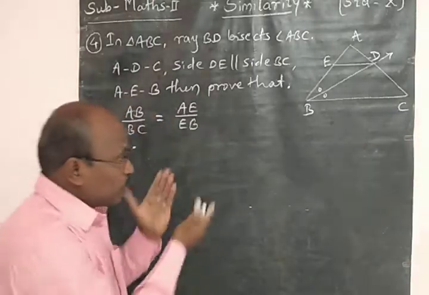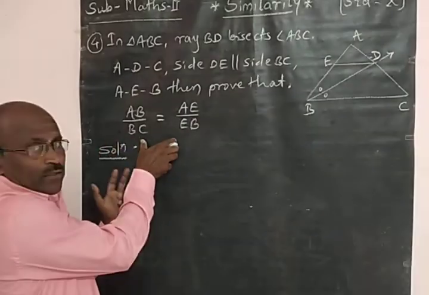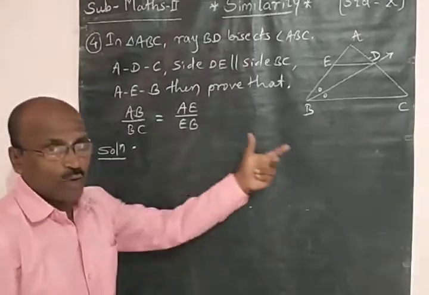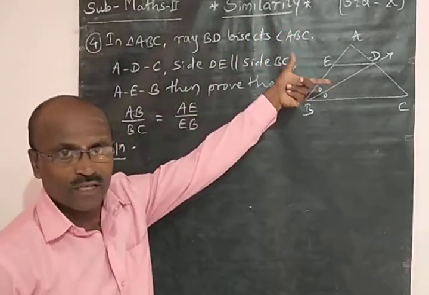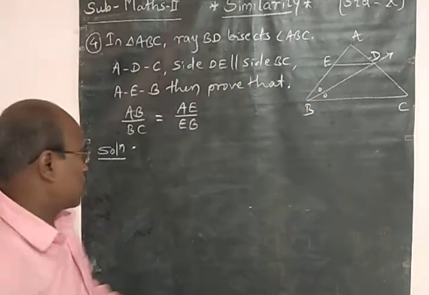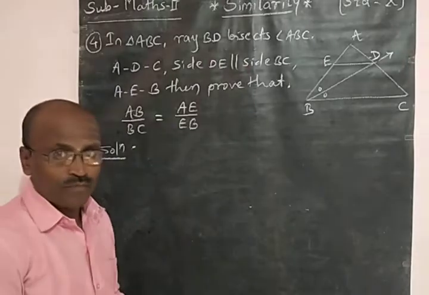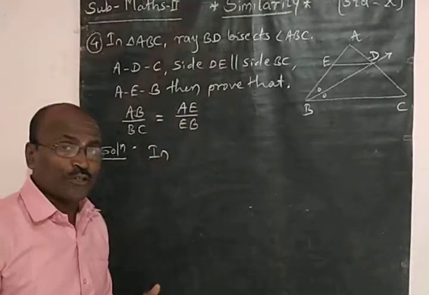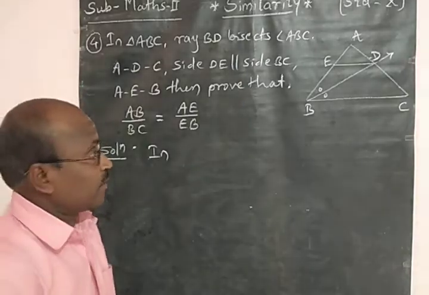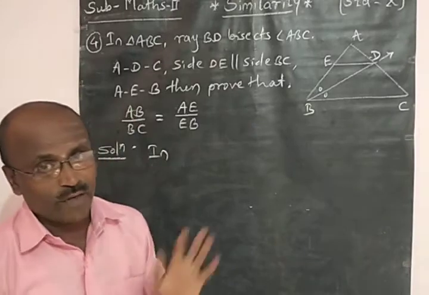So by proving this statement we can use these two properties one by one. Use any one of the properties first and the other property second. Suppose we have used here the basic proportionality theorem first. Now look here, in a triangle, if you have to use the basic proportionality theorem, one segment must be parallel to one side of the triangle.